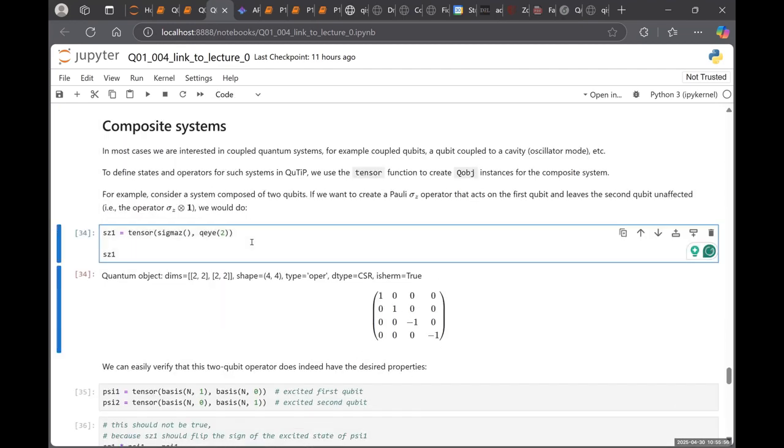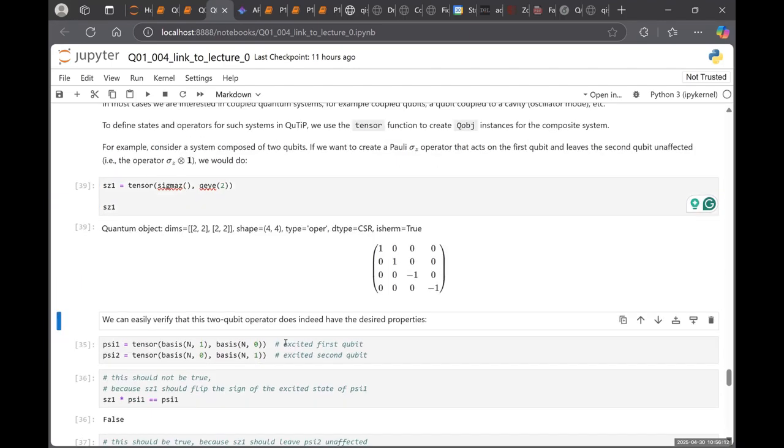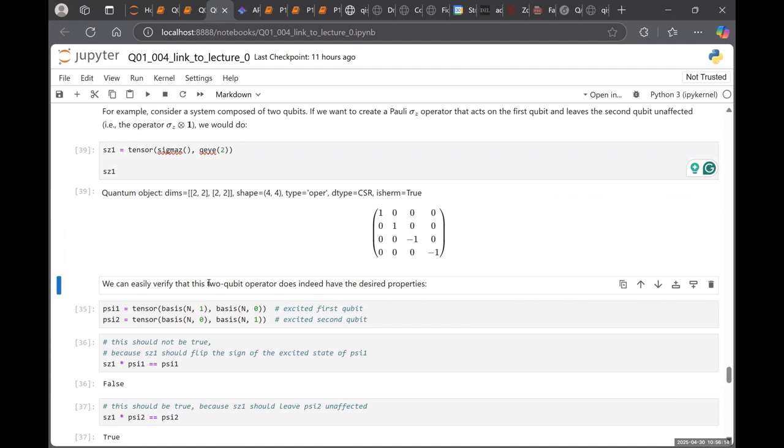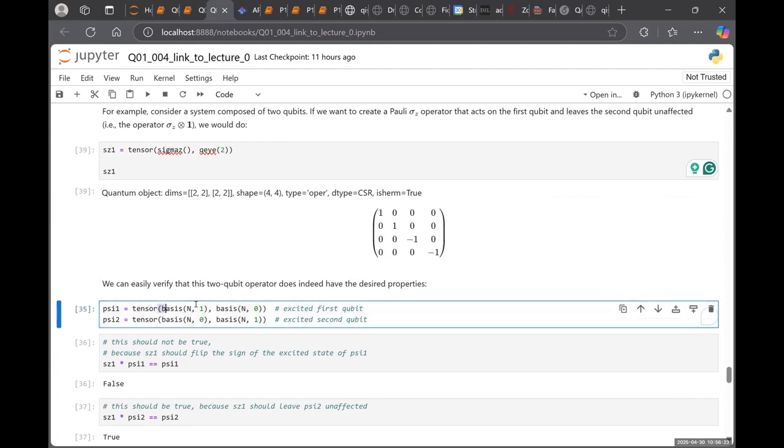If you had two different systems, for example a 2-level system here and another 2-level system using sigma z, you can define a tensor product operator. For example, this is the state: you have a state n1, n0, and then the tensor product of the two.